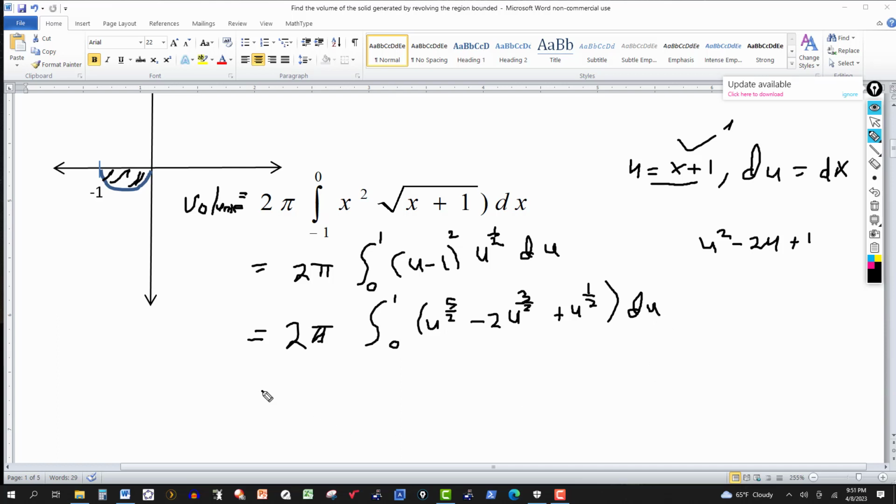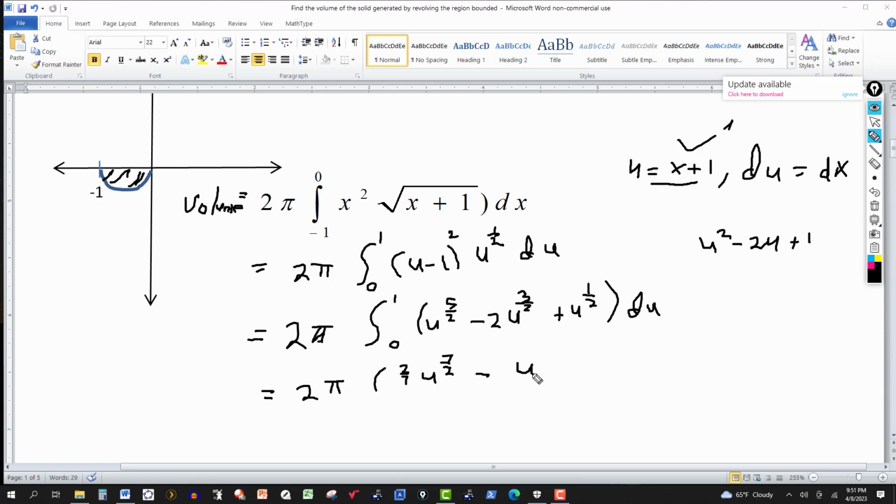Now we'll take the integral here. So this is going to equal, we still have the 2 pi in front as part of the formula for the volume of revolution. So now I'm going to integrate here. Just basic power rule for integrals. Add 1 to the 5/2 gives me 7/2. And then divide the coefficient 1 by 7/2 gives me 2/7. The next one, same thing.